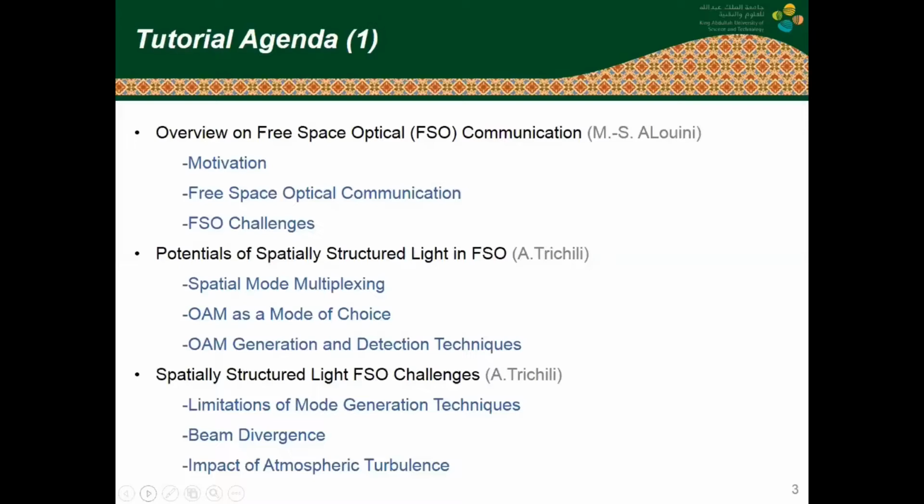I will then give the hand to Dr. Abdurrahman Trichili, who will focus on a new trend within free space optics regarding spatial mode multiplexing, including the emerging OAM-related research. So he'll be talking quite a bit about this interesting topic.